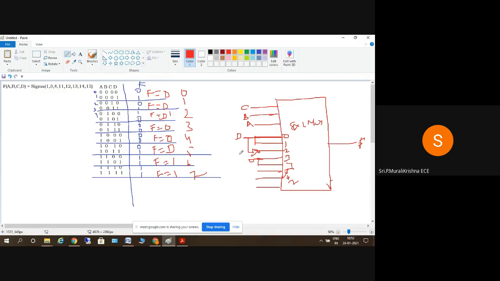So the fifth one is again D, and the sixth and seventh ones are 1 here. So this is 1. I can tie these inputs here.